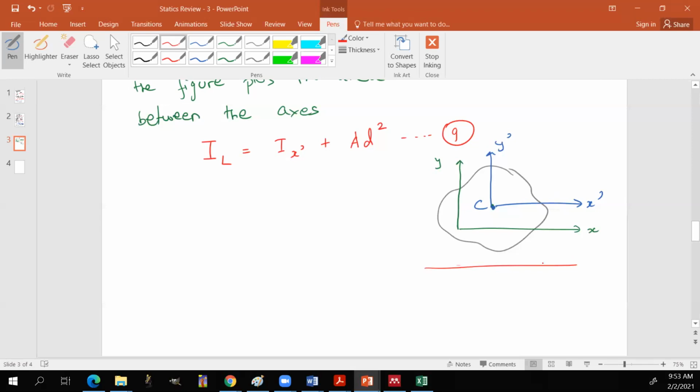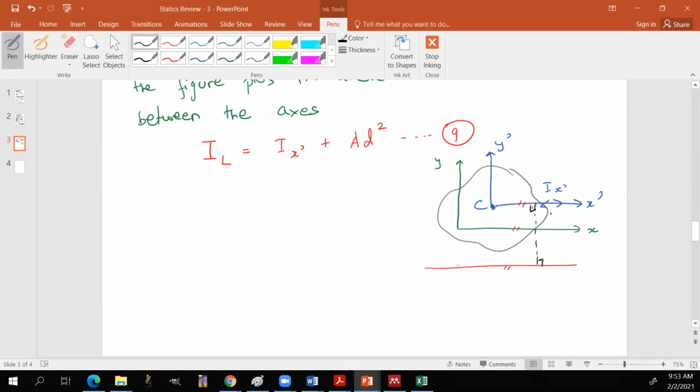So this axis is parallel to the x-axis over there, right? So this symbol here means parallel, right? You guys know that about the axis passing through the centroid, we said that the moment of inertia is Ix prime, right? Then the perpendicular distance is what you're interested in, right?